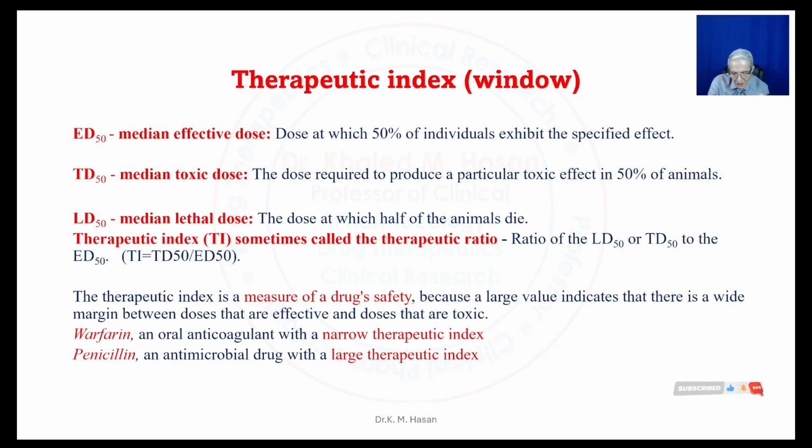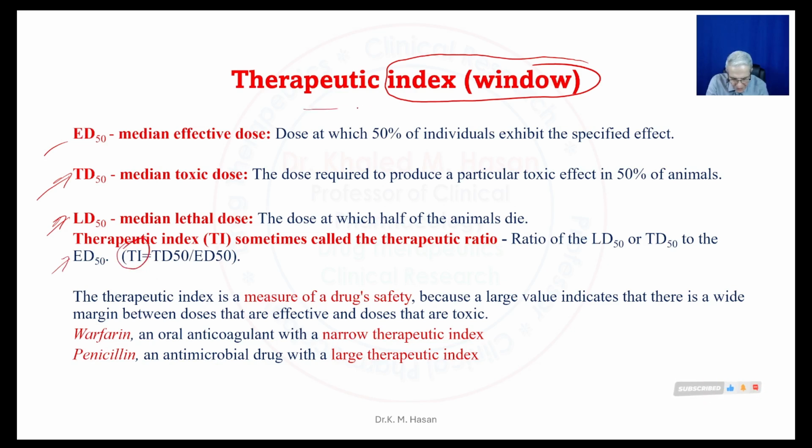Okay, the concept here is the therapeutic drug index, or therapeutic window, or therapeutic range. We are going to discuss the median effective dose, the median toxic dose, the median lethal dose, and the therapeutic index calculation.